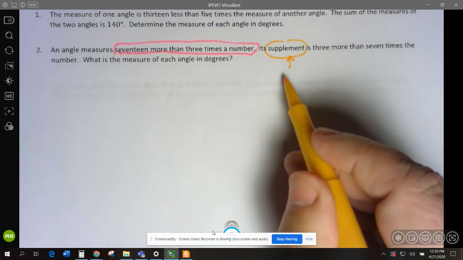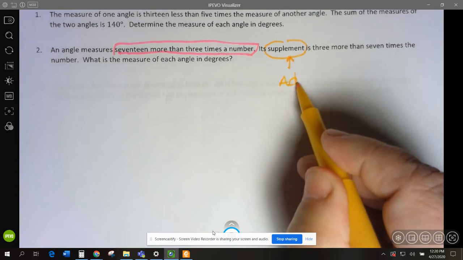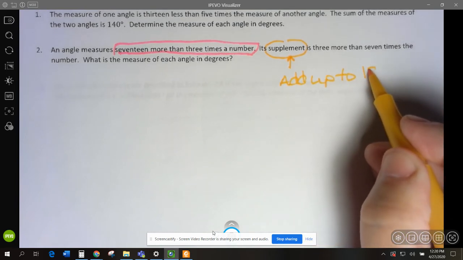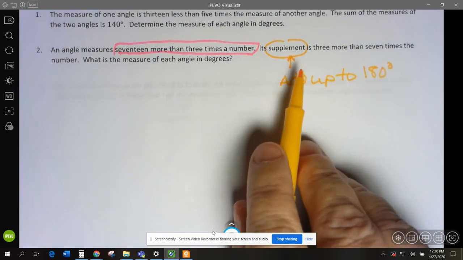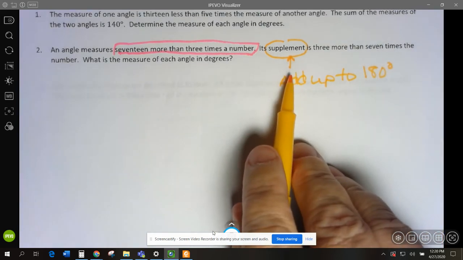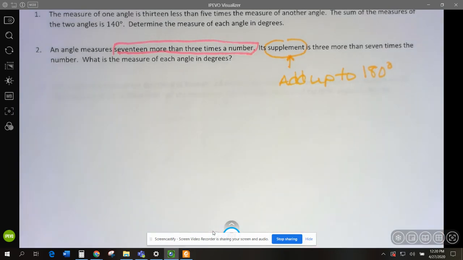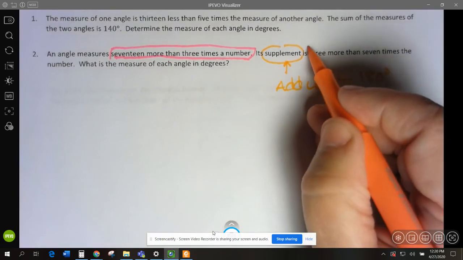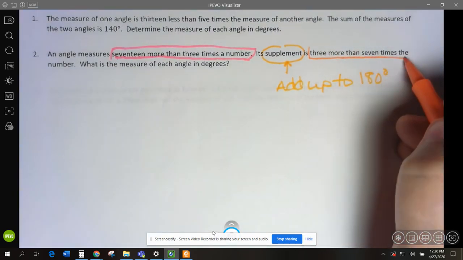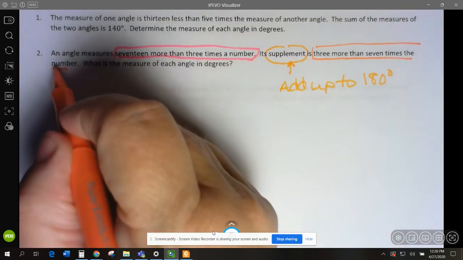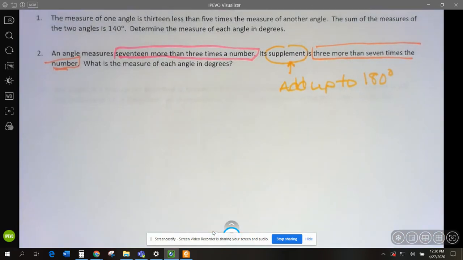Supplements are angles that add up to 180 degrees. So if they're supplemental, when you add them together, you're going to equal 180 degrees. So its supplement, or the next number, is 3 more than 7 times the number.